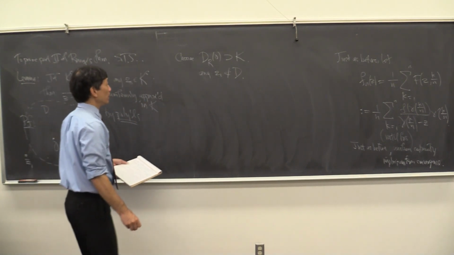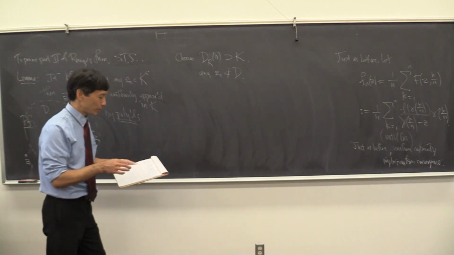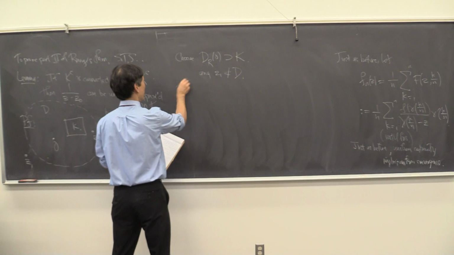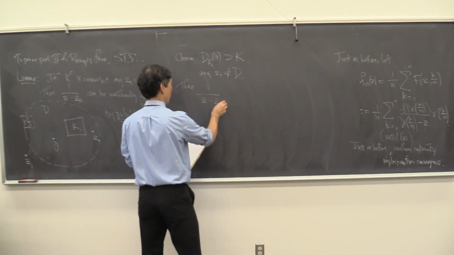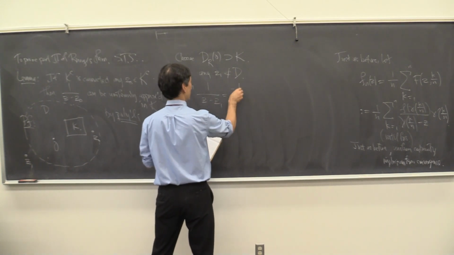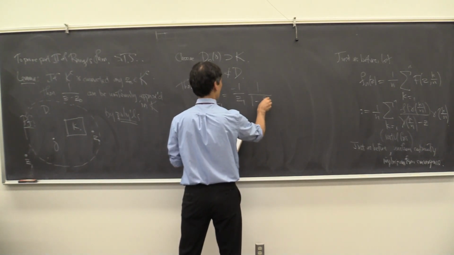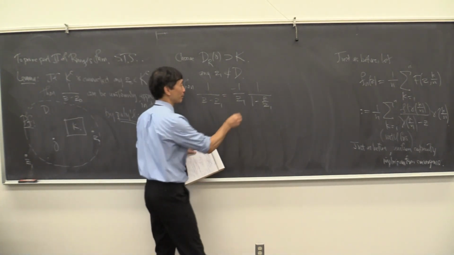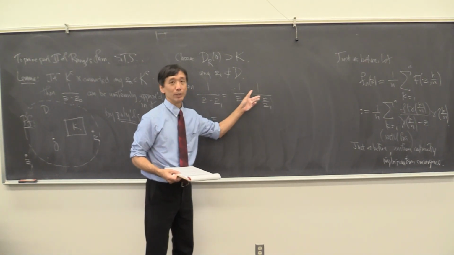Okay. Then, this is kind of a strange thing to do, but we'll see why we get it in a second. Notice that if we look at 1 over Z minus Z1, then we can rewrite that as negative 1 over Z1 times 1 over 1 minus Z over Z1. So just algebra, and then again we play the trick of the geometric series.